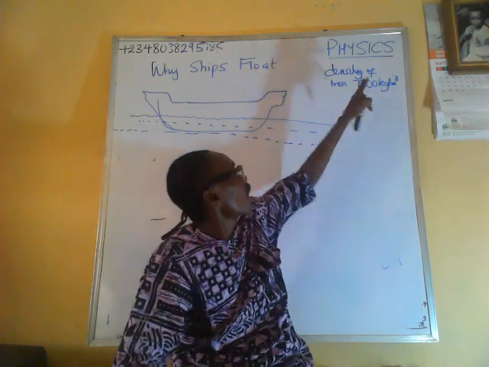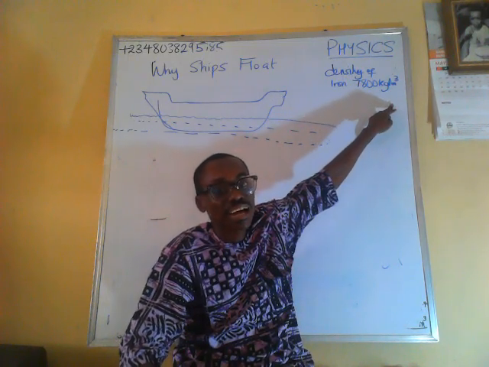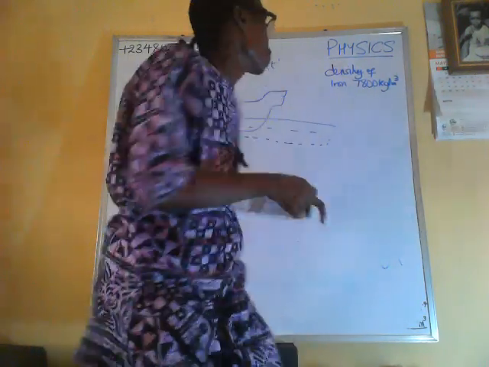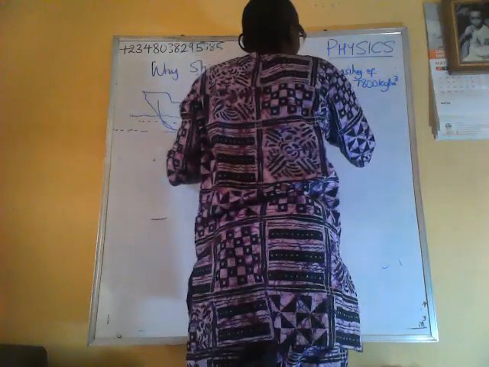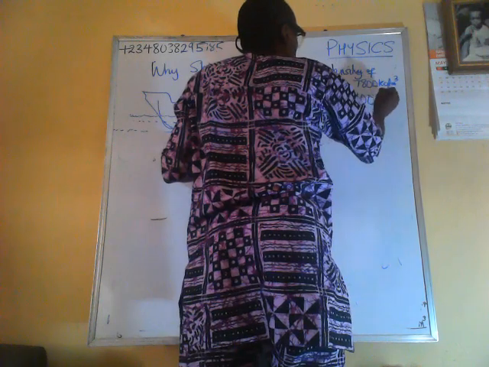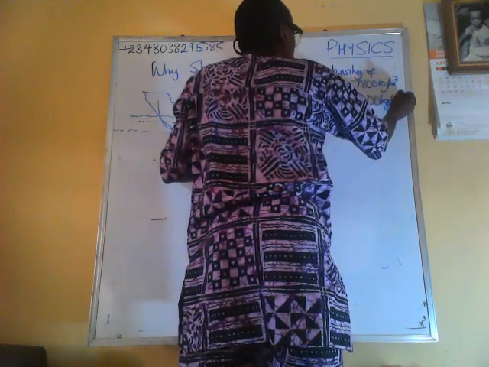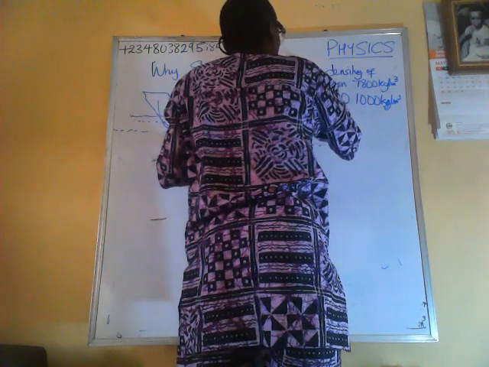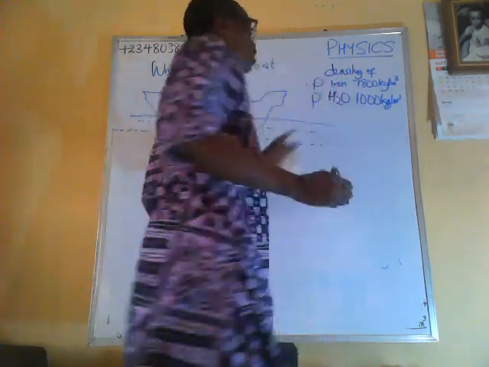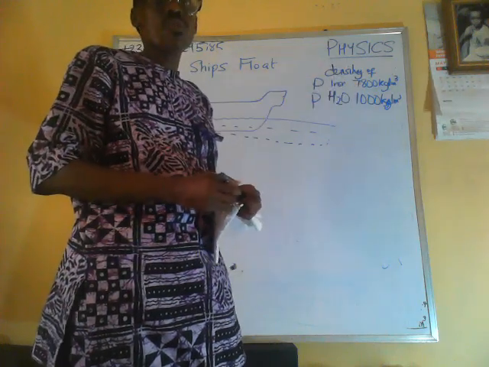Now the density of iron is 7,800 kilogram per meter cube, and the density of water is 1,000 kilogram per meter cube. So the density of iron is almost 8 times that of water.